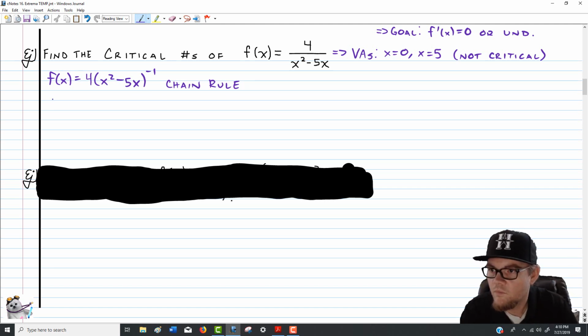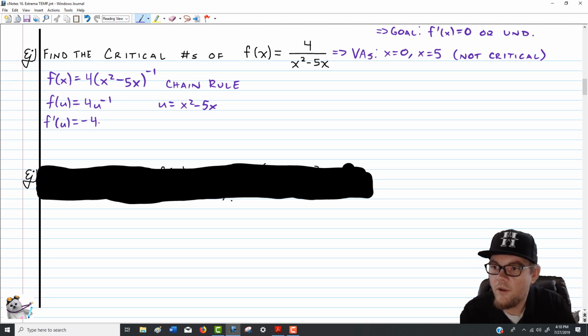With that as our function, we can do some decomposition work. Let u equal the inside, x squared minus 5x. F of u will then be 4u to the negative 1. If we differentiate each component, we get negative 4u to the negative 2, and of course, u prime will be 2x minus 5.